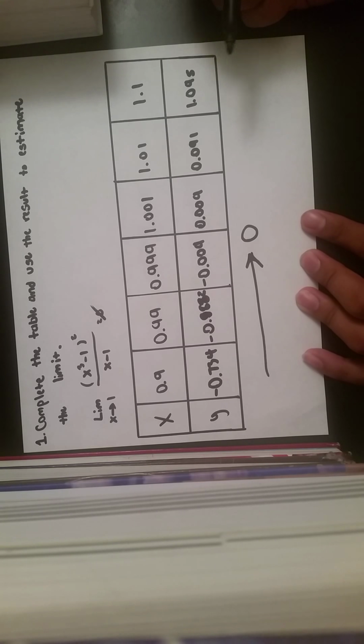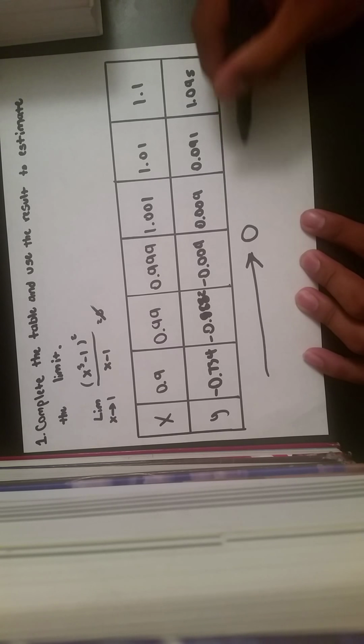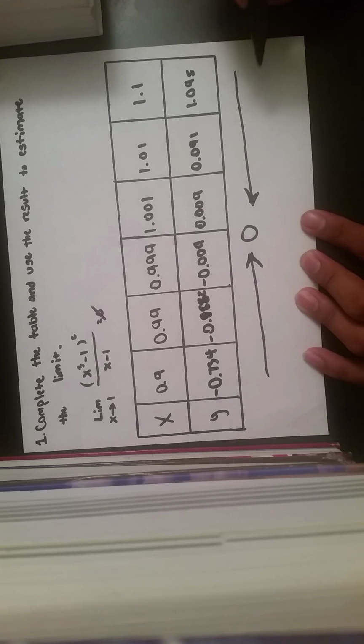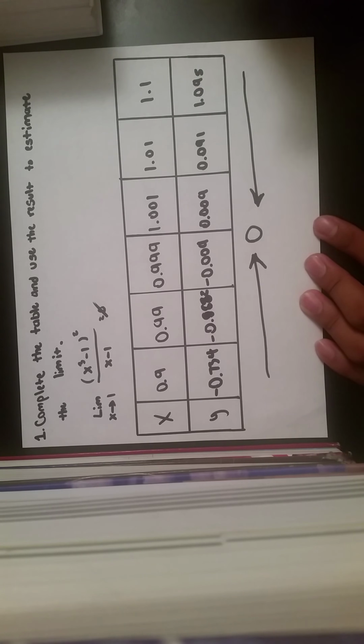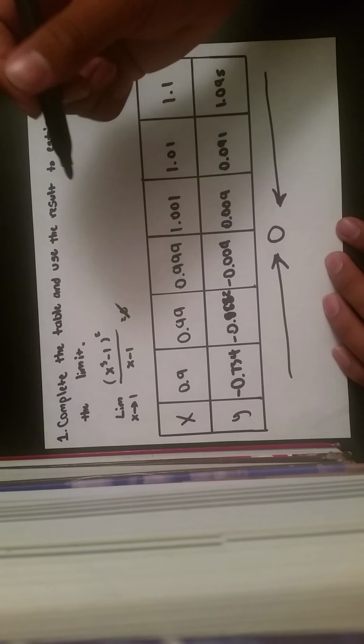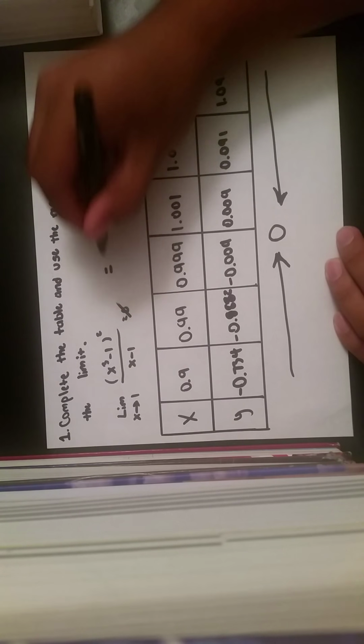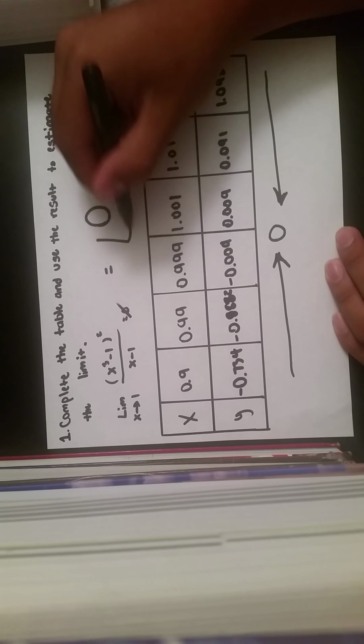And as we get closer and closer to 1 from the right side, we get closer and closer to 0. But we never actually reach 1 because it does not exist. So the limit as x goes to 1 for x cubed minus 1 squared over x minus 1 is 0.